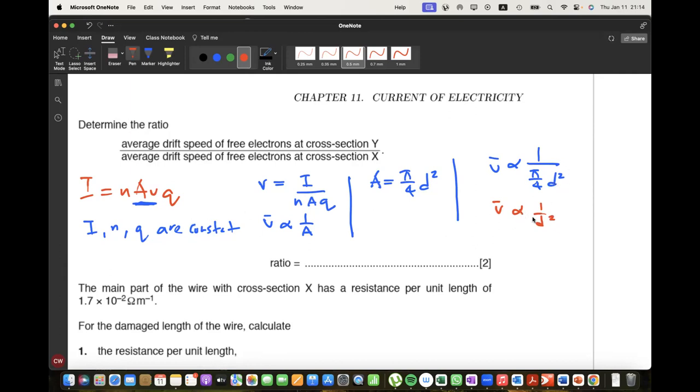Okay, can you use this one to get the answer now? From here. Tell me the ratio of this question. How? How much?